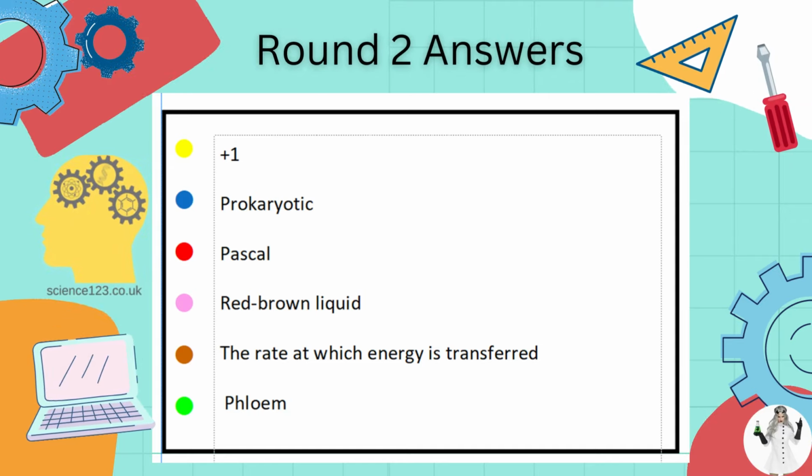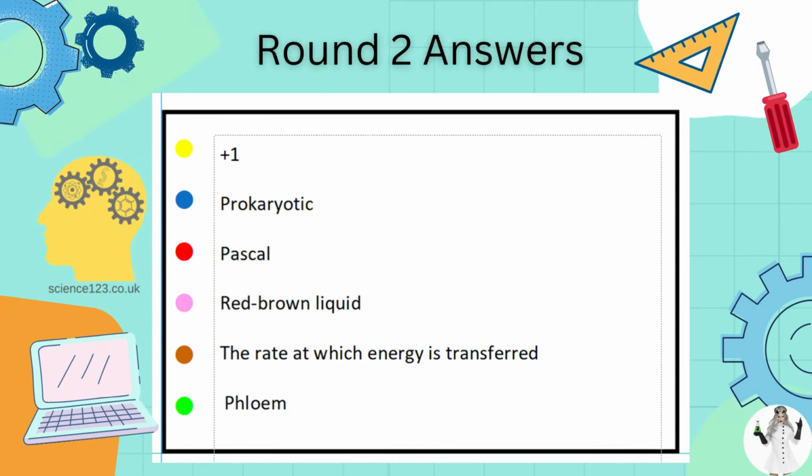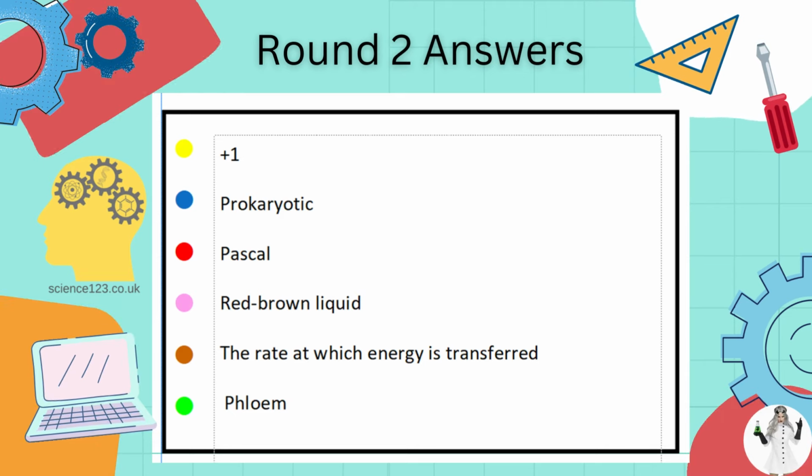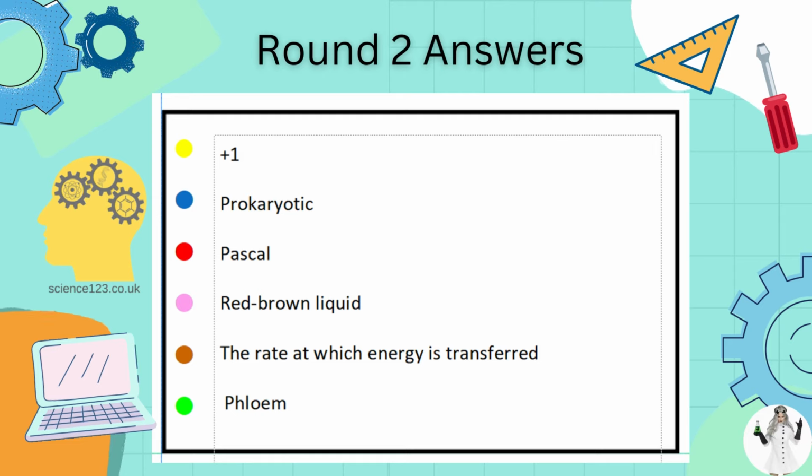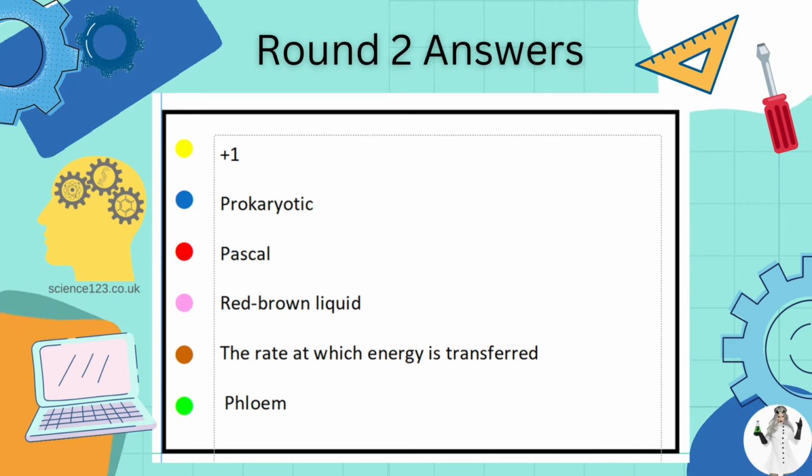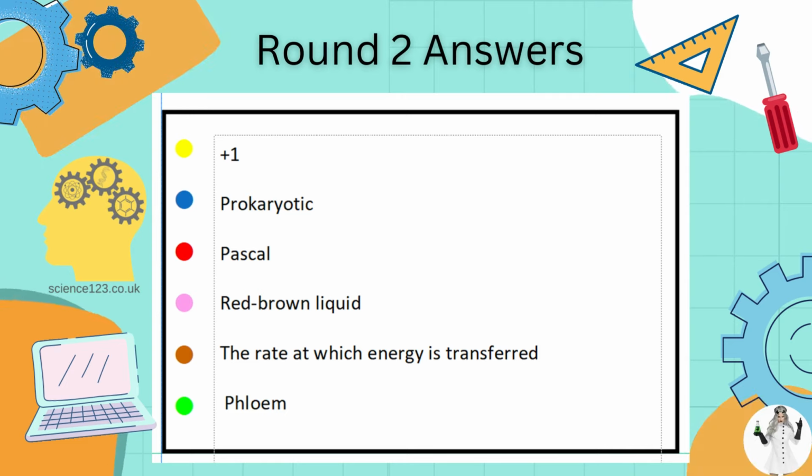The relative charge of a proton is +1. Remember, P for proton, P for positive. The type of single-celled organism that does not have a distinct nucleus is prokaryotic. The SI unit for pressure is Pascal.